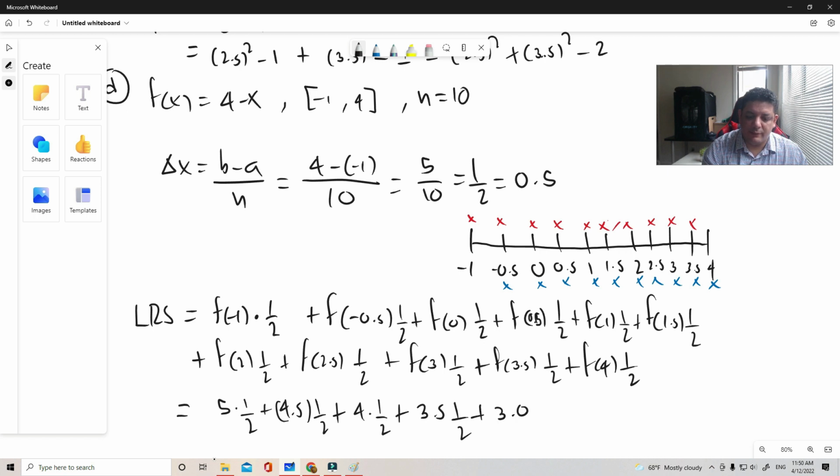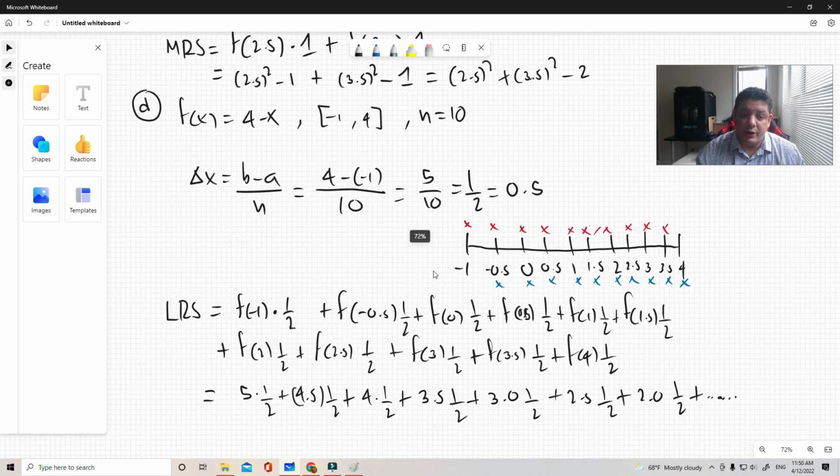Then 3 times 1/2, then 2.5 times 1/2, and so on. And so this accounts for the approximation that we'll get doing the Riemann sum. Then after that, you add all the values, and the decimal number that you obtain will be our approximation to what the area under the curve is.